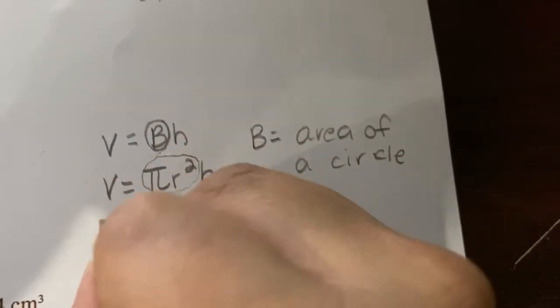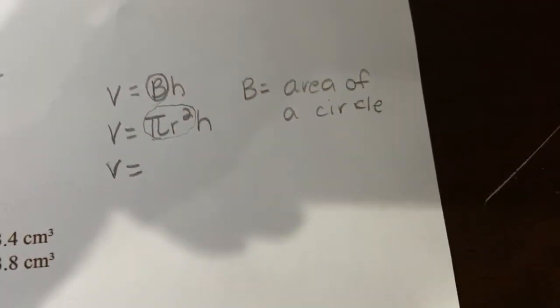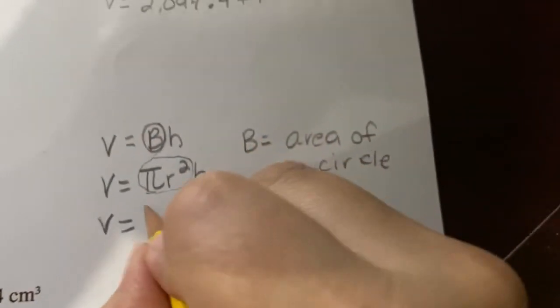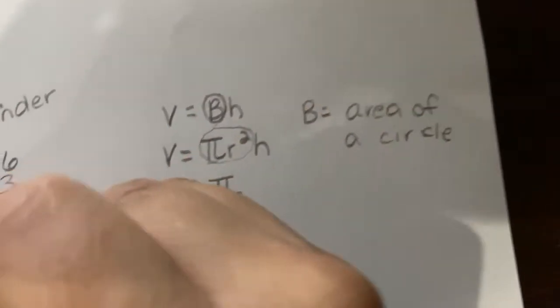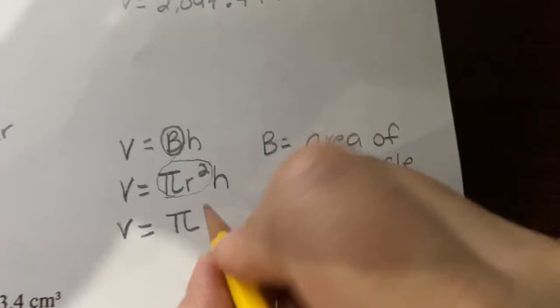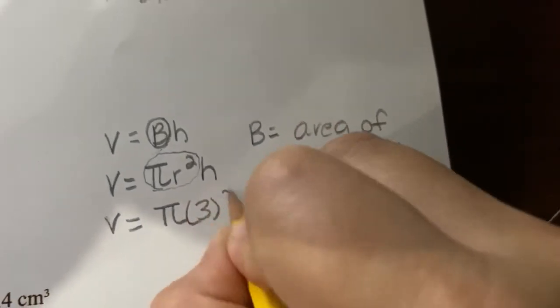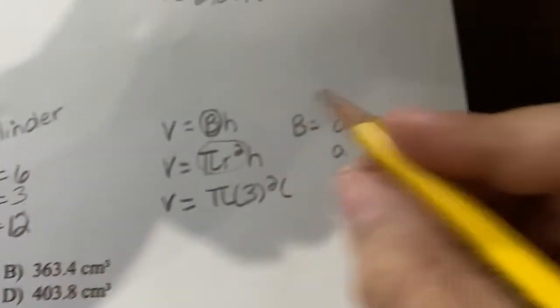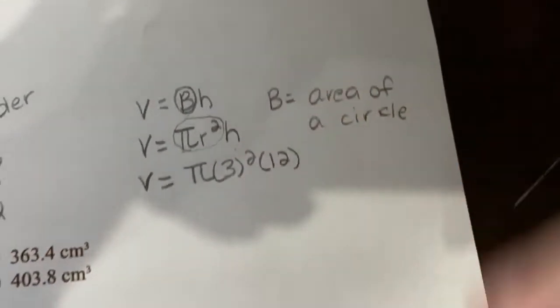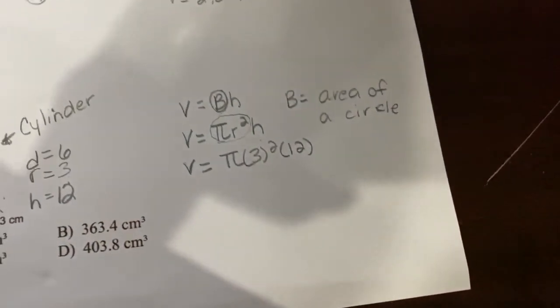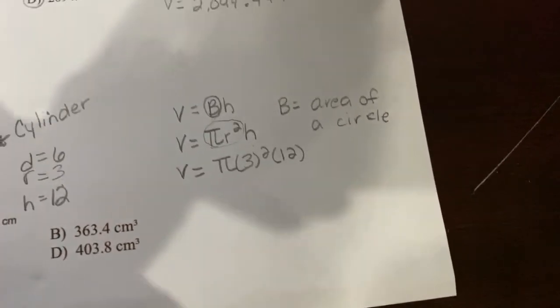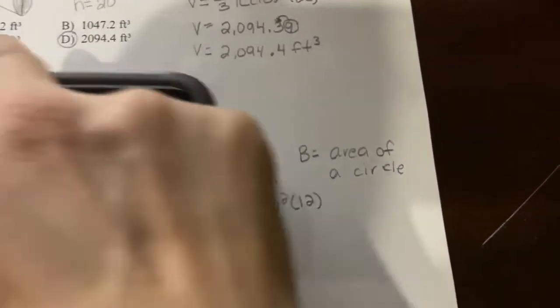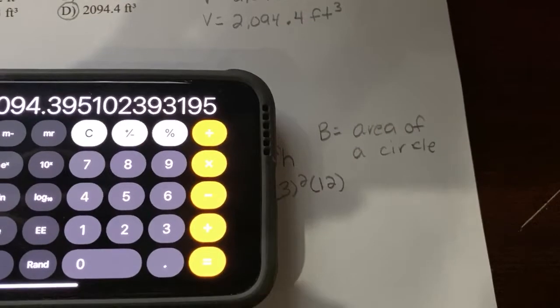Okay, once I do that, I can go ahead and plug in or substitute the radius, which is 3, and substitute the height, which was 12. Okay, always substitute on paper first, then on the calculator.